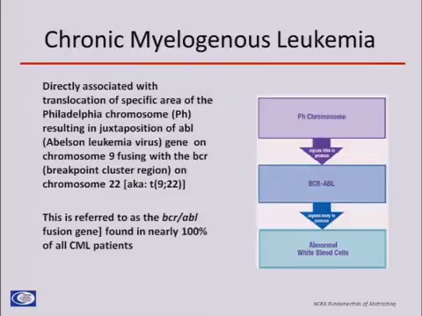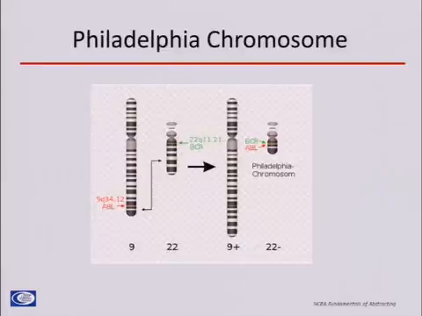We're talking about CML, and the early part of it, the Philadelphia chromosome, that was a breakthrough back in the 60s because they could clearly identify CML. But then they started finding that not everything that was Philadelphia chromosome positive was a CML. And that's when eventually they found the BCR-ABL1. Oh, here's a picture.